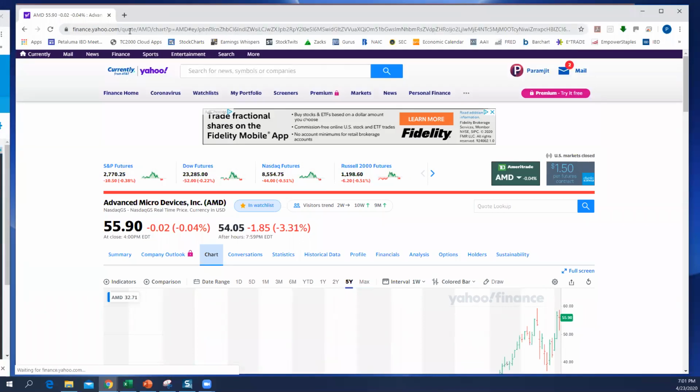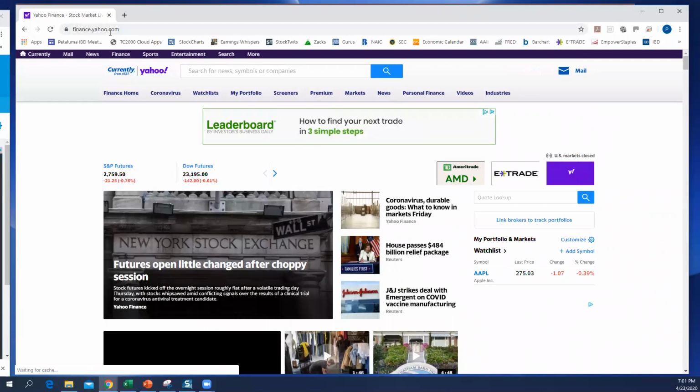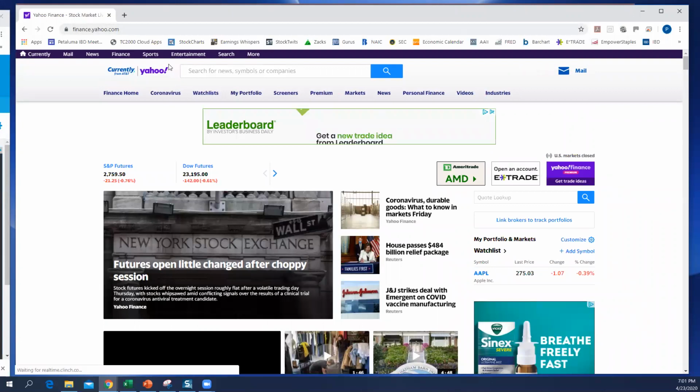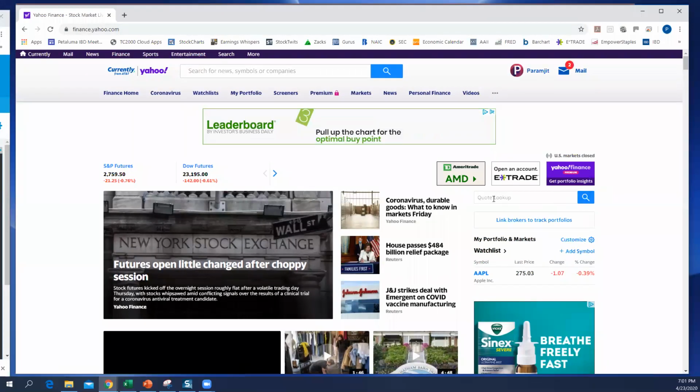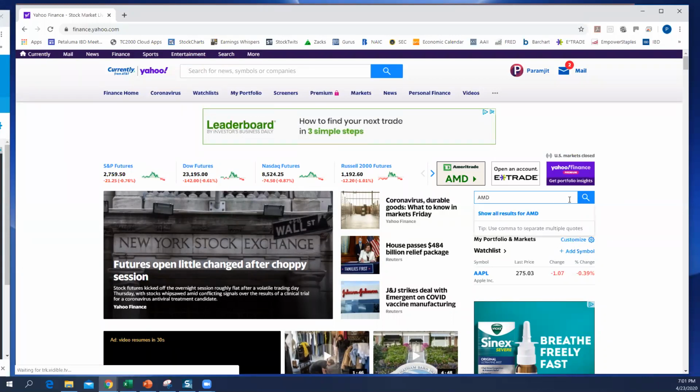So last week I took you to a couple of free apps. This week we'll add Yahoo to your list of apps you want. So you just go to finance.yahoo.com. You can just go to Yahoo and then click on finance. And then over here you have a search magnifying glass, quote lookup. So I'll just bring up one of the stocks from your watch list last week, and we're going to go through that.